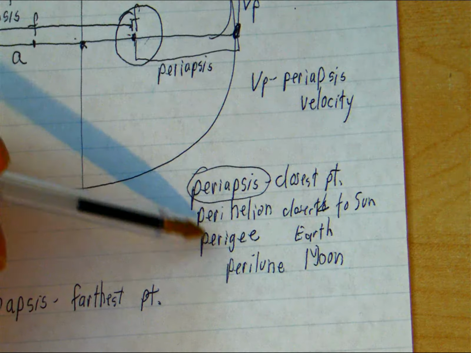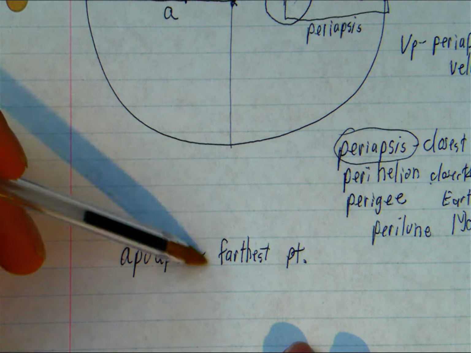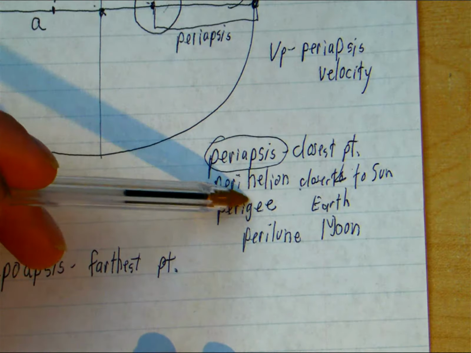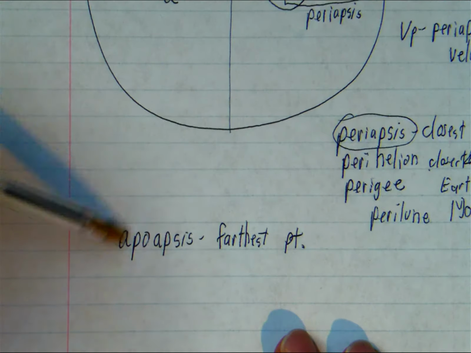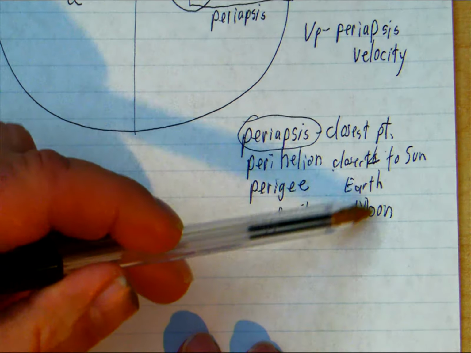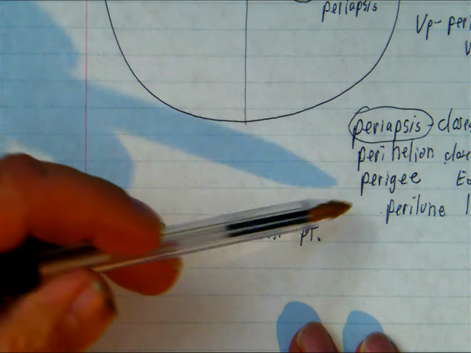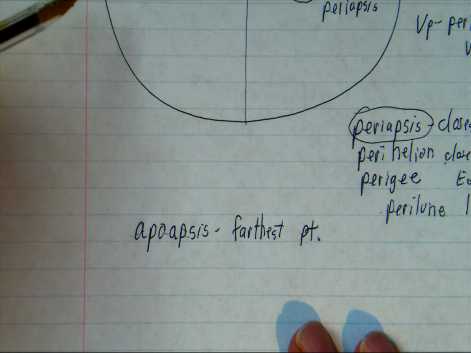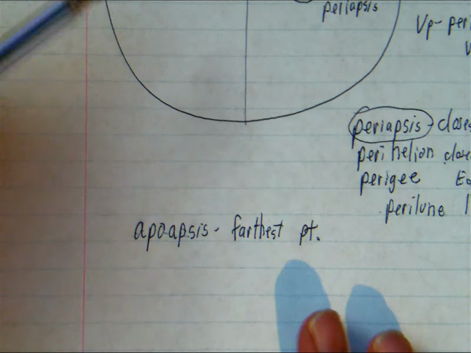And just like perihelion means closest to the sun, aphelion means farthest from the sun. Perigee, closest to the Earth. Apogee, farthest from the Earth. Perilune, closest to the Moon. Apolune, farthest from the Moon. There, you learned some Greek.